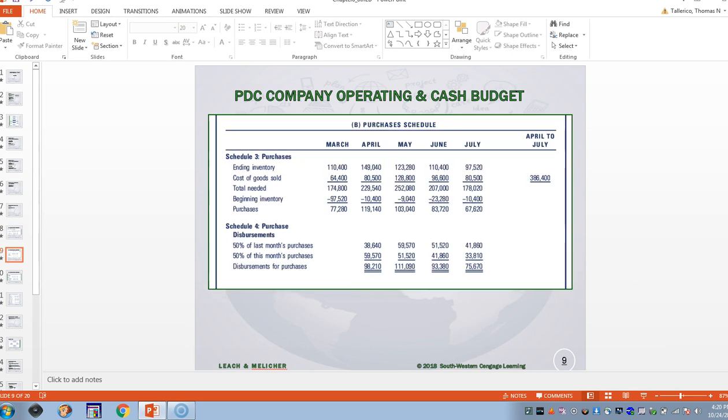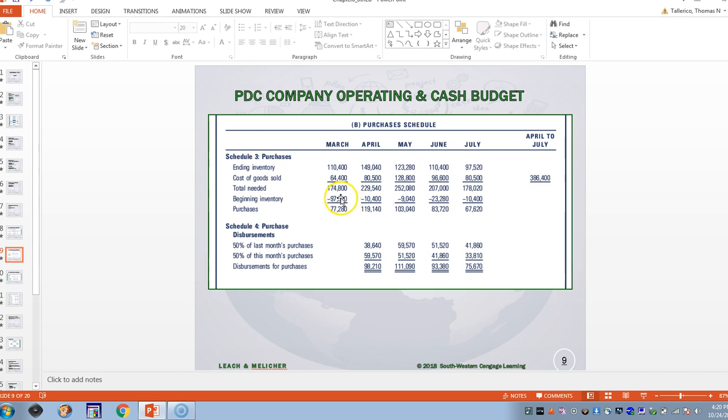So this is our sales schedule, and here's our purchase schedule now. You can clearly see here's our ending inventory for each month, and here's what it cost us in cost of goods sold. If we take these two numbers and add them up, we find the total needed inventory, and we already had beginning inventory from the previous month of 97,520.